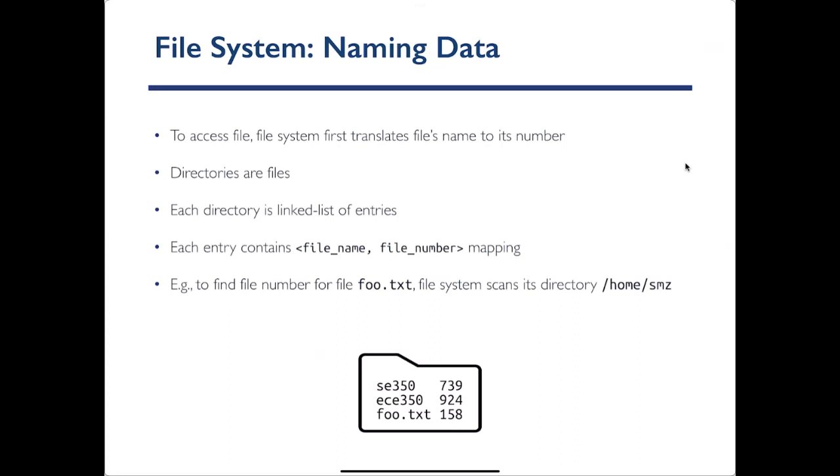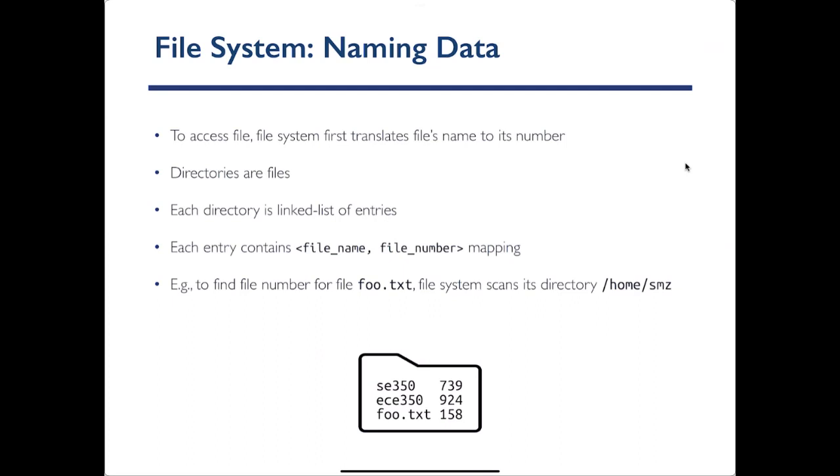So for Part 1, we're going to map each human readable file name to a file number. So we're going to have a mapping of file names to file numbers. Each directory is also a file, so for each directory, I'm going to also have a file number.